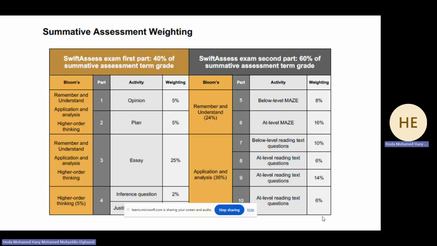Then we have the essay, 25 marks, and then you will get a reading text and then 2 related questions. Inference questions, 2 marks, and 1 justification question, 3 marks. And the topics will be one of the main topics that we studied this term: environment, animals, or jobs.